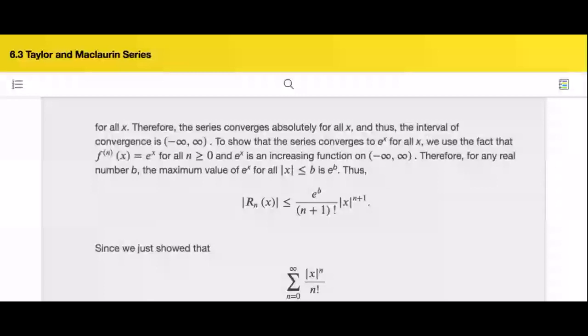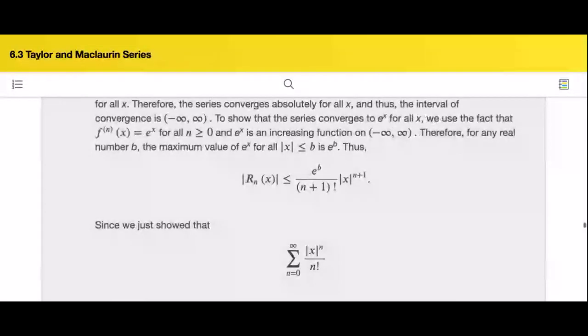So e to the x is an exponential function. When the base is greater than 1, it is exponential growth, right? So it's an increasing function. So the maximum value of e to the x for all absolute value of x less than or equal to b is e to the b, right?